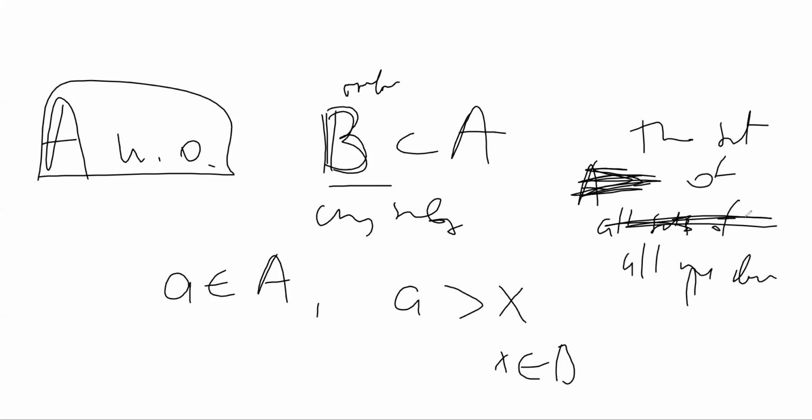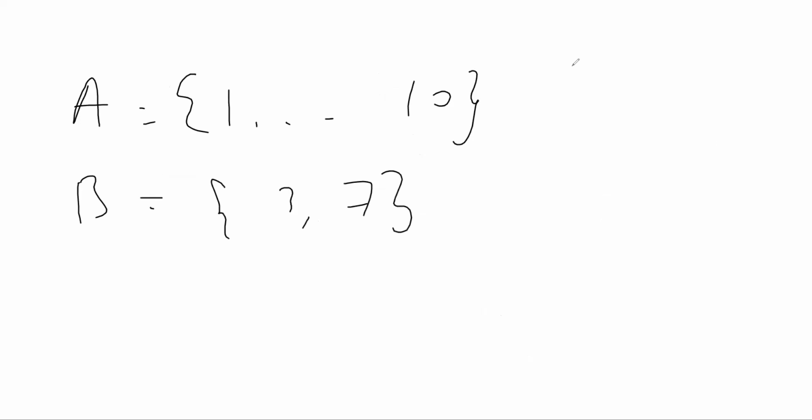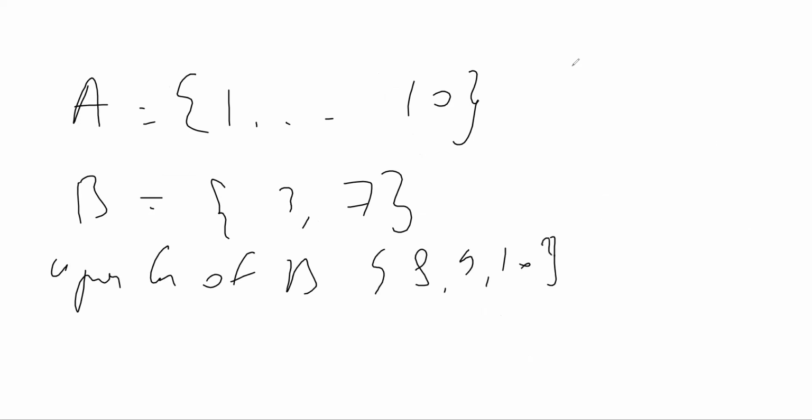To give you an example, we have a set A, which would be from 1 to 10. We take its subset B, which would be from 3 to 7. We have a set of upper bounds of B, which is 8, 9, 10. And we're saying B is a subset of A.